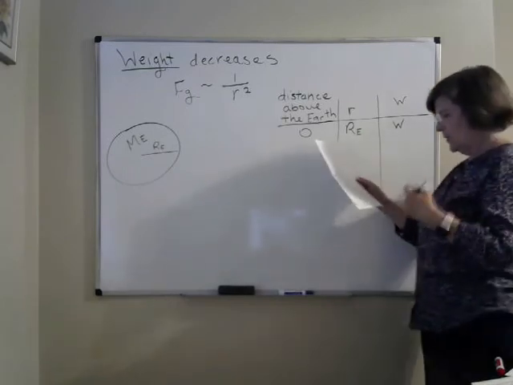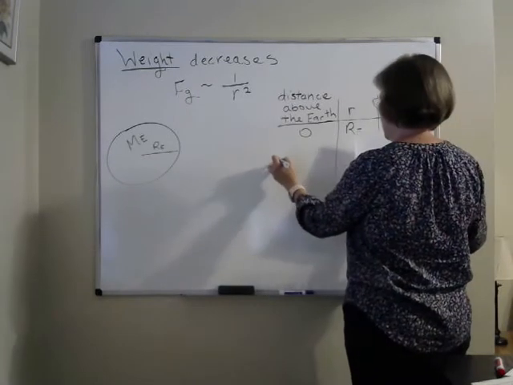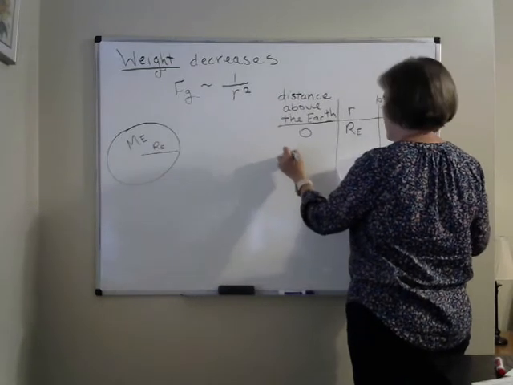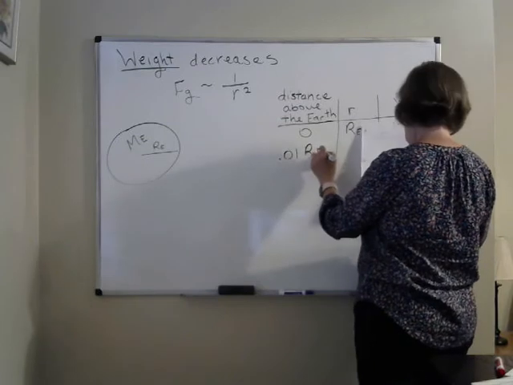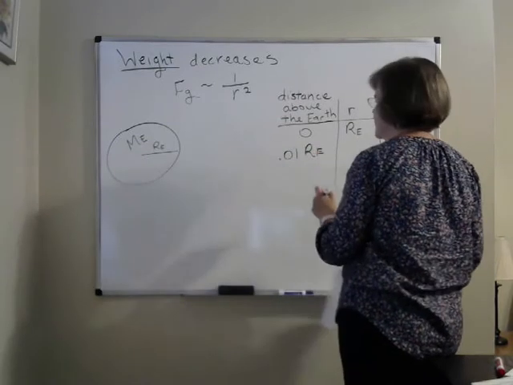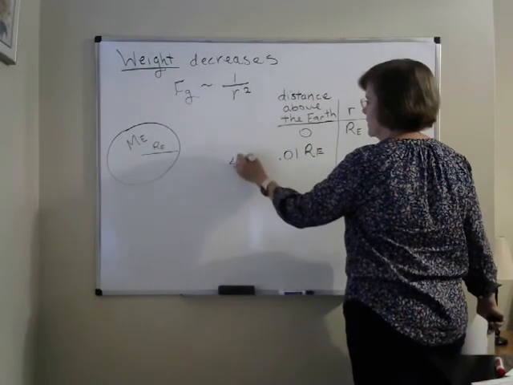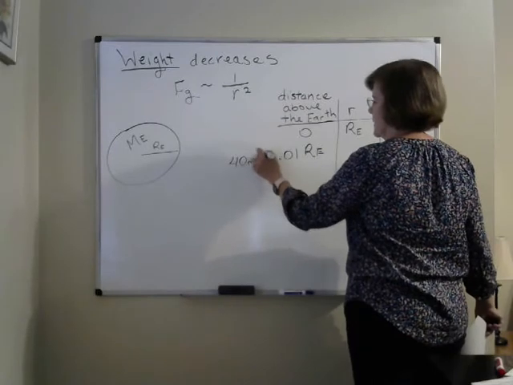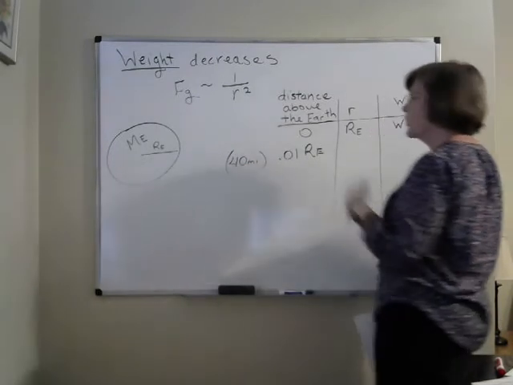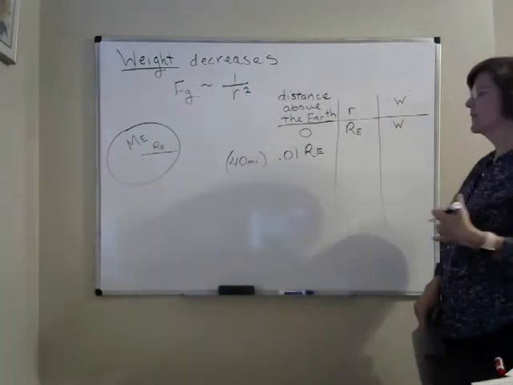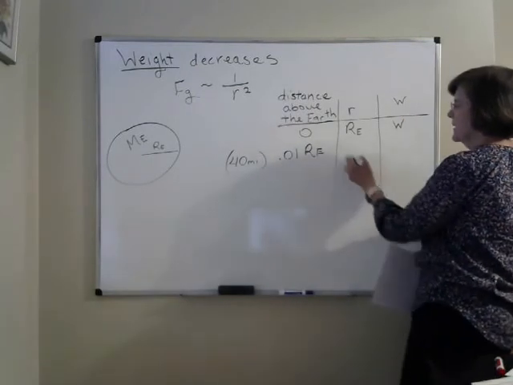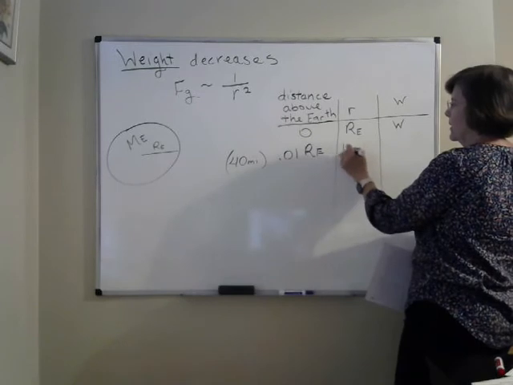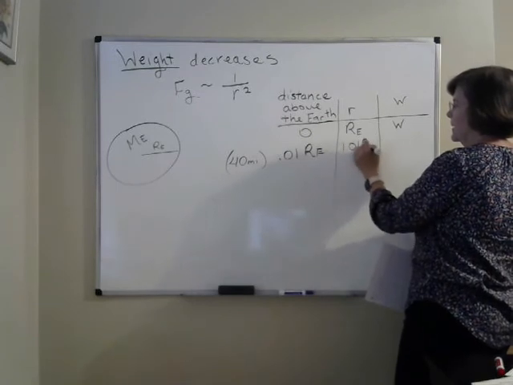If we go up a distance of about 100th of an earth radius. Now, 100th of an earth radius is about 40 miles, approximately. So if we're about 40 miles above the surface of the earth, that's only 100th of an earth radius. So this now becomes 1.01 RE.